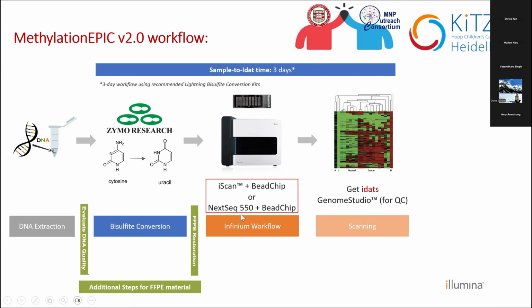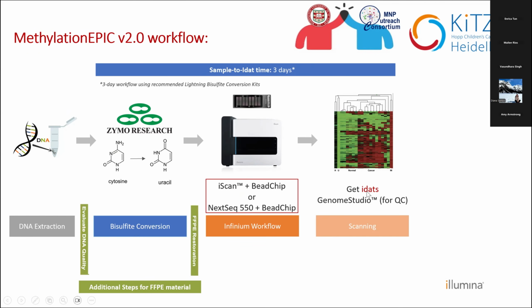And I'm highlighting this because in some institutions that still don't have a sequencer and are considering procuring one, instead of procuring a more recent sequencer like, for example, NextSeq 1100, this older version might be a better solution because it works both as a sequencer and additionally it can conduct scanning of methylation arrays. So please keep this in mind if you're considering implementing methylation, because this is one of the machines that has been utilized by several partners in low middle income setups.